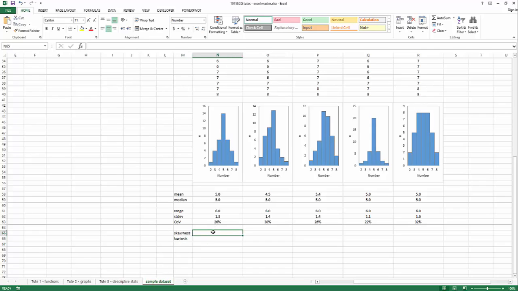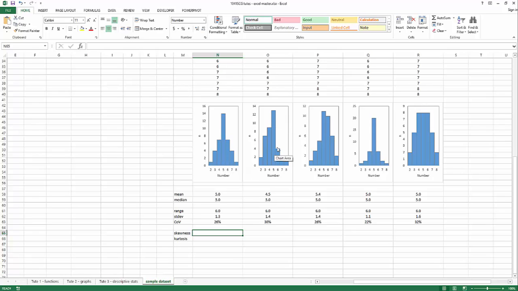Now, the skewness is a measure of how symmetrical the distribution is. A distribution with a high skewness is highly unsymmetrical. So obviously, looking at the data here, we would expect this to have a neutral skewness. It's neither skewed to the left nor skewed to the right. It's very symmetrical, so it should have a skewness of 0.